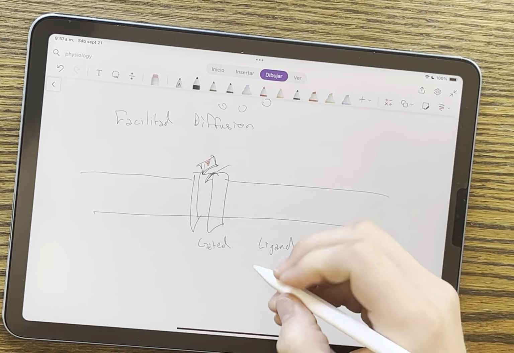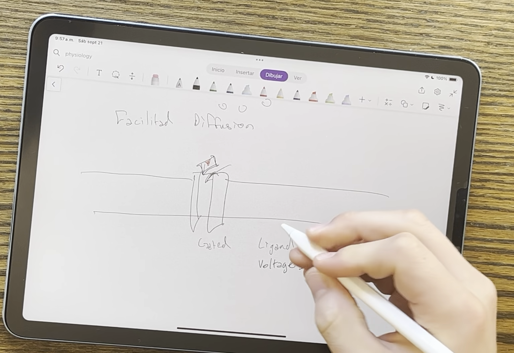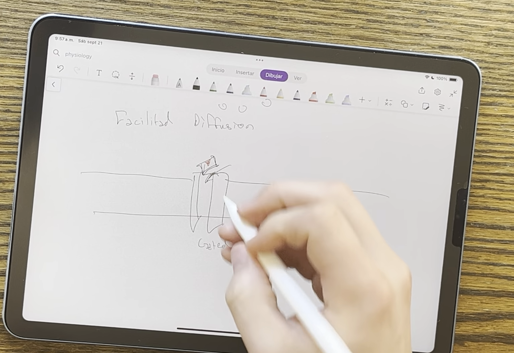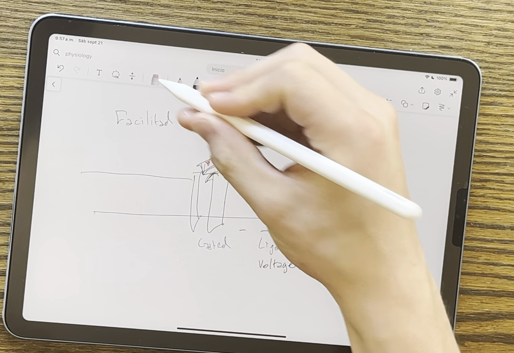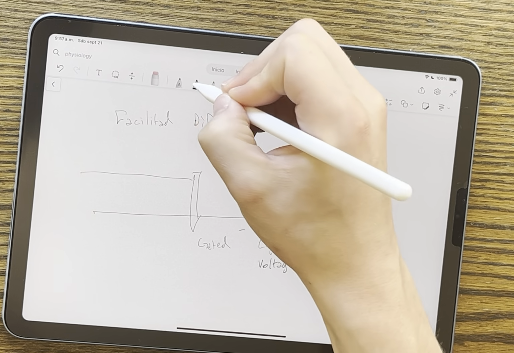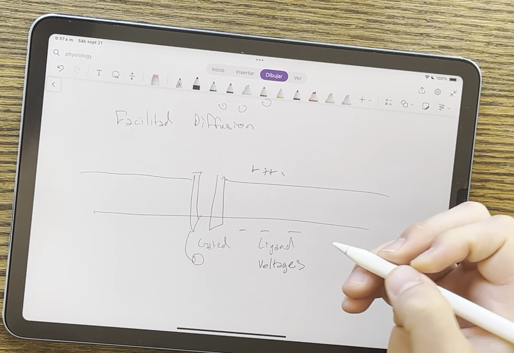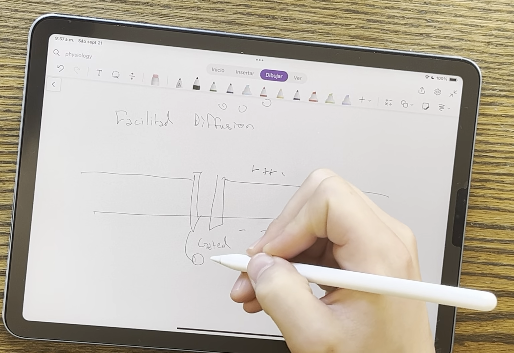We also have voltage mediated gates. So the charge of the cell, typically the inside is negative and the outside is positive. And so it might have a certain plug in here, we'd say, and it's attracted to positive charge.